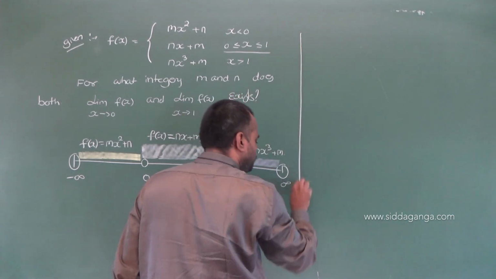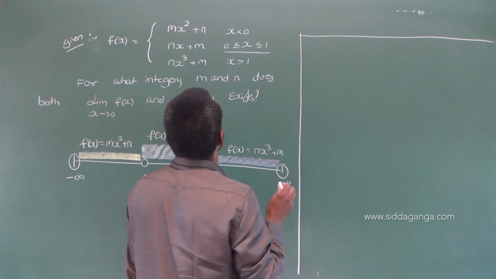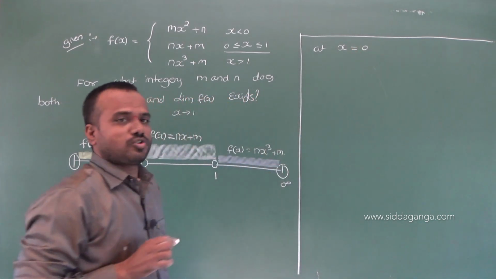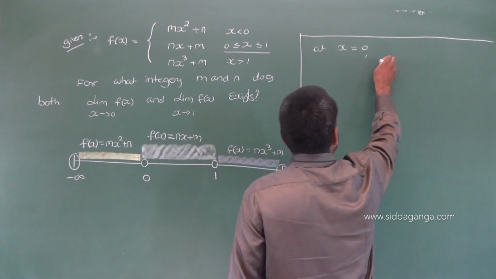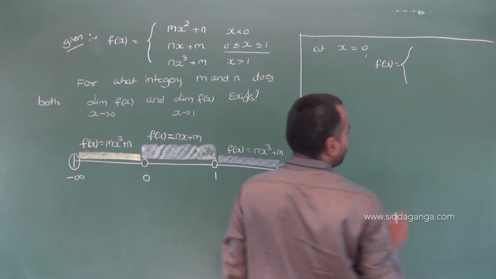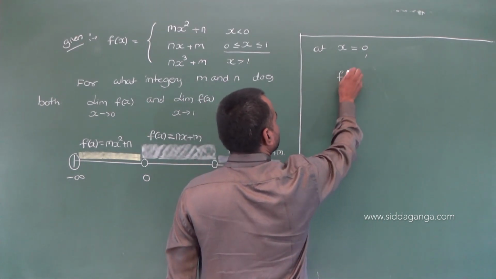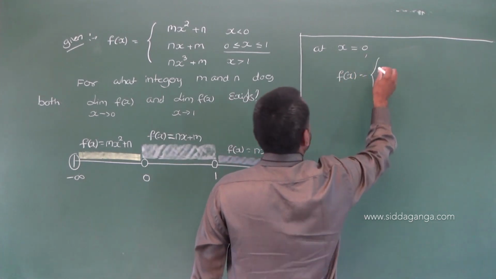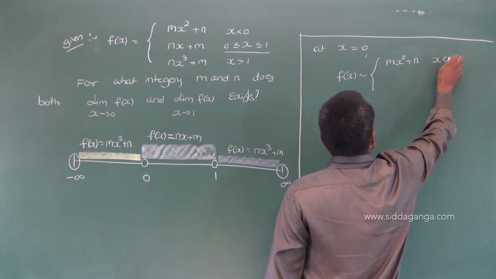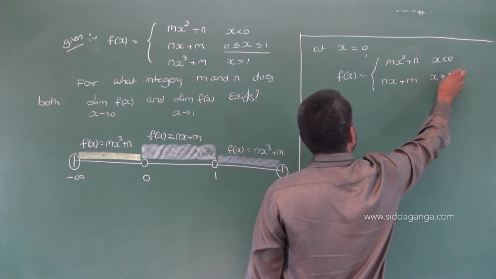So firstly we find at x is equal to 0. If you want, once again write the function, f of x, for x less than 0, and for x greater than or equal to 0.